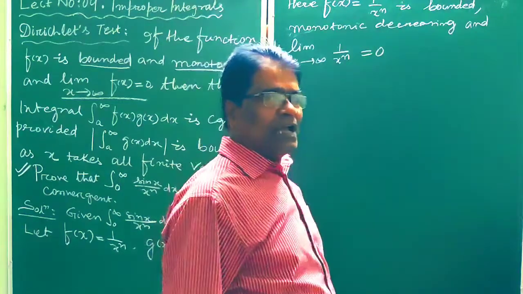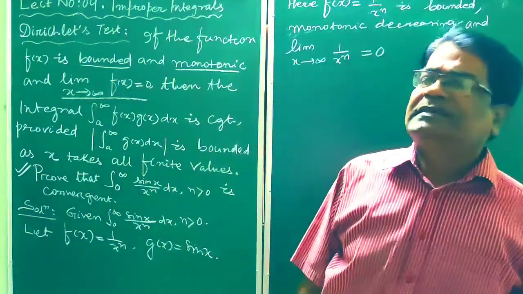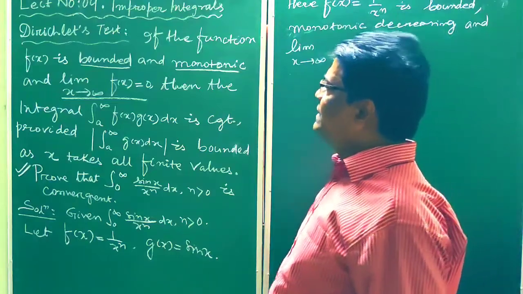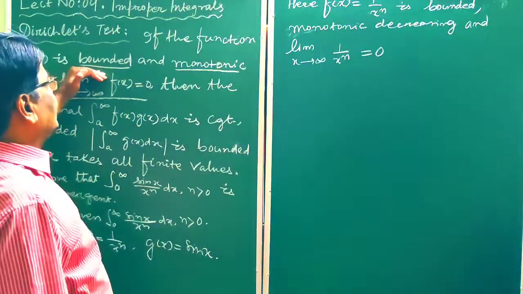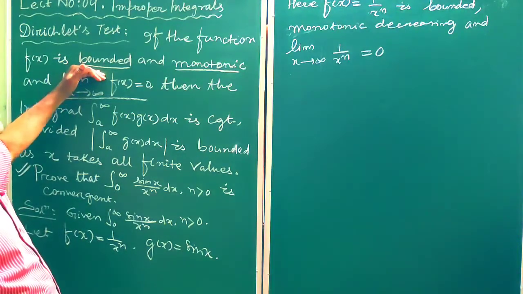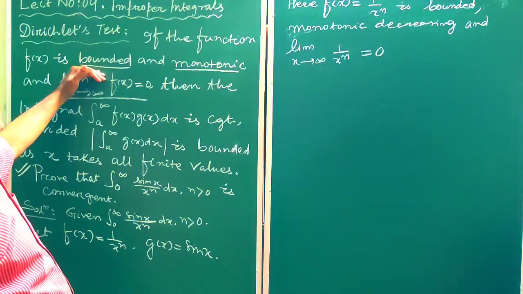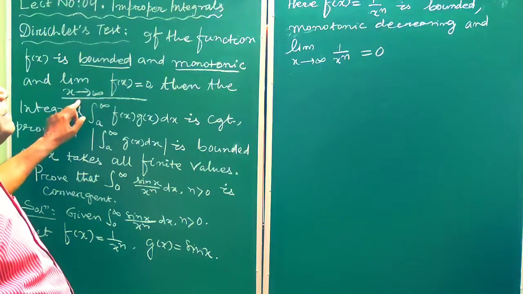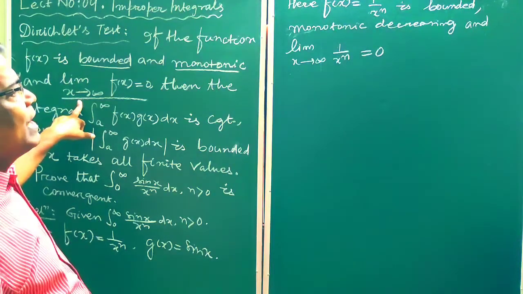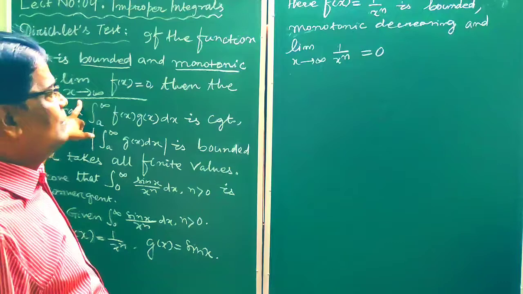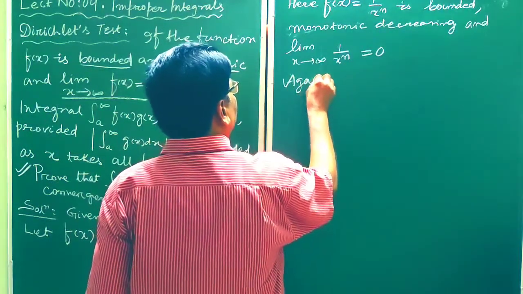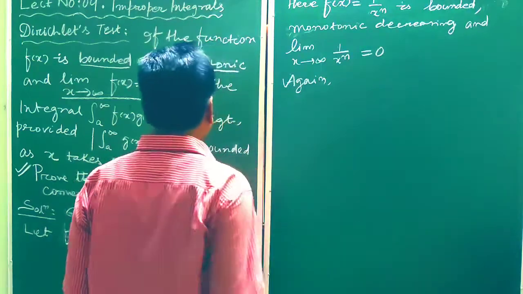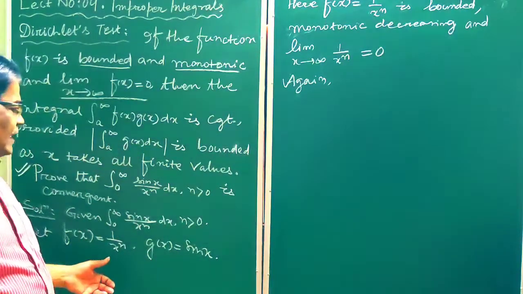So the function f(x) here satisfies all the essential conditions for the Dirichlet test. It is a bounded function, monotonic decreasing, and the limit as x tends to infinity of 1 by x to the power n is equal to 0.